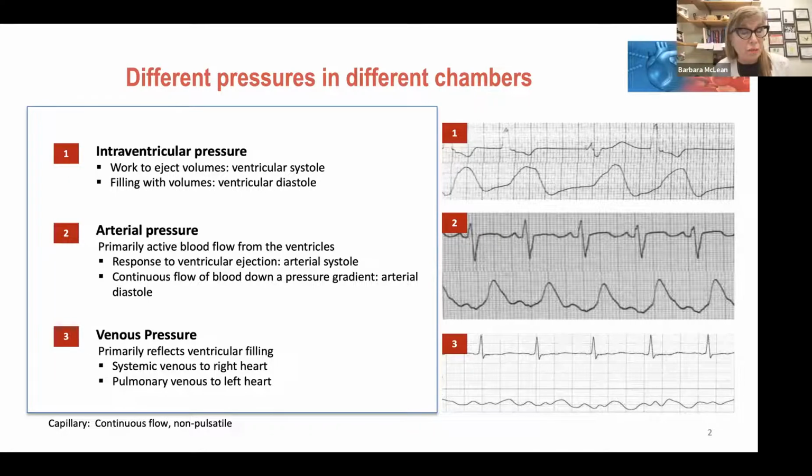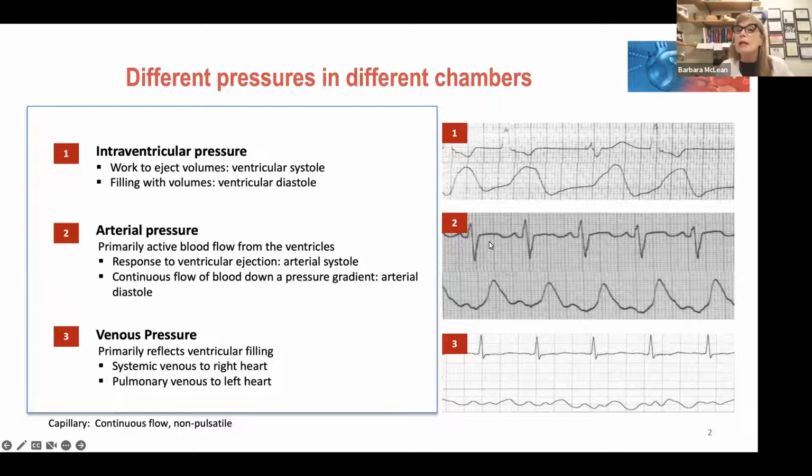We call that the CVP. And pulmonary venous return to the left heart. That's called pulmonary capillary wedge or pulmonary arterial occlusion pressure. So that's down here, number 3, really gorgeous, because what you're looking at here is just some fluctuations in the atrial pressure that will reflect in our venous monitoring.